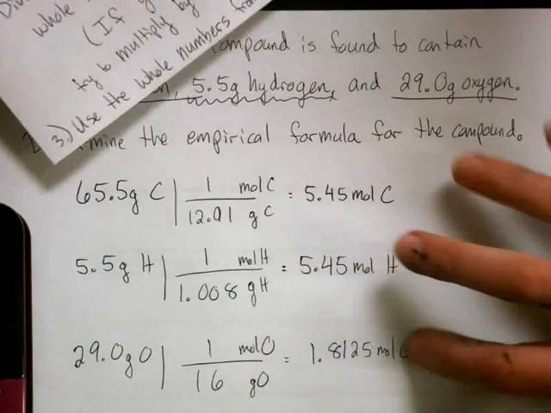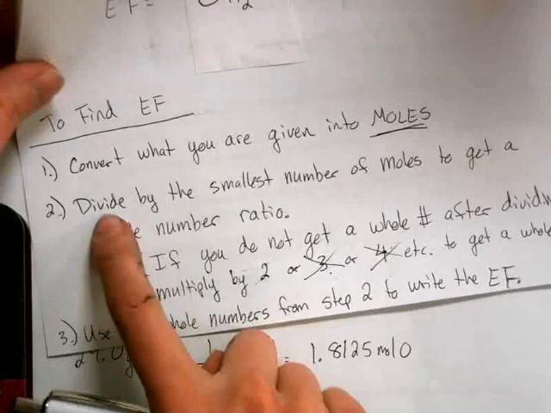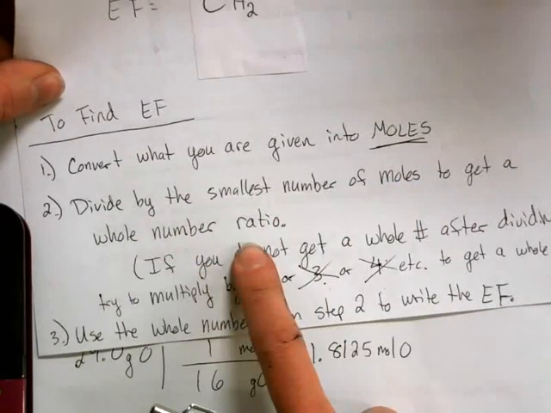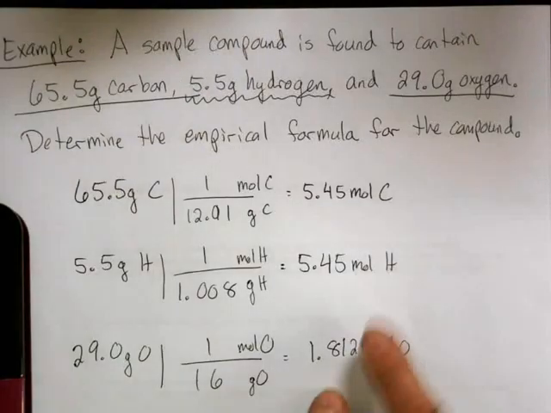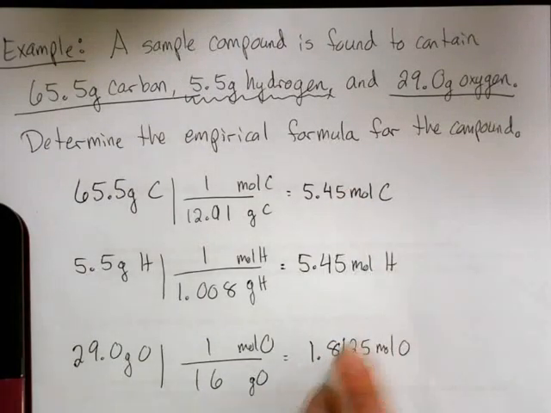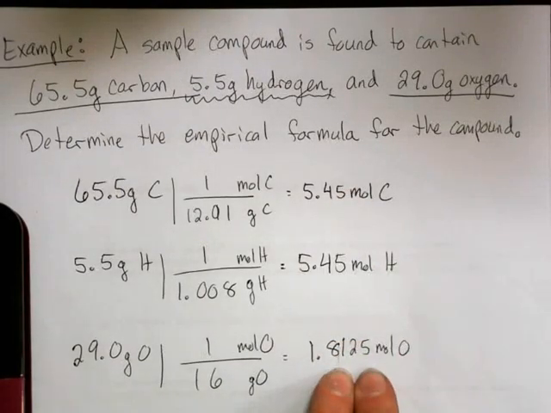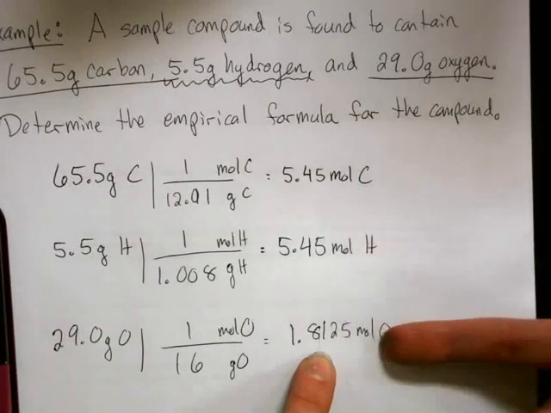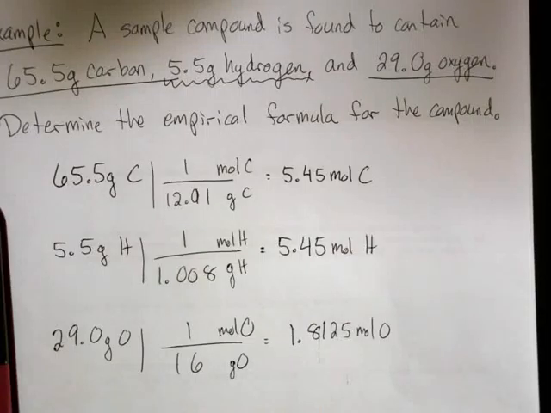Then, our second step, and only once we have moles, then we divide by the smallest number of moles to get a whole number ratio. So, if I compare all of these number of moles, this bottom one is my smallest. So, I am going to divide all of these by my smallest.